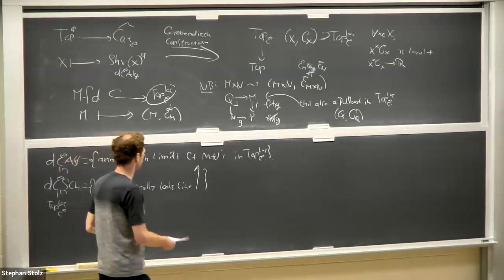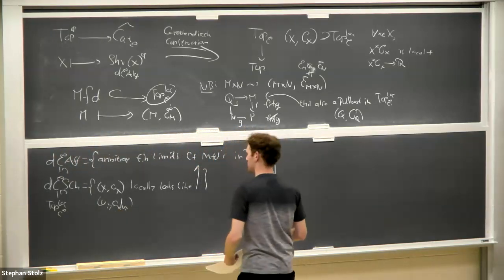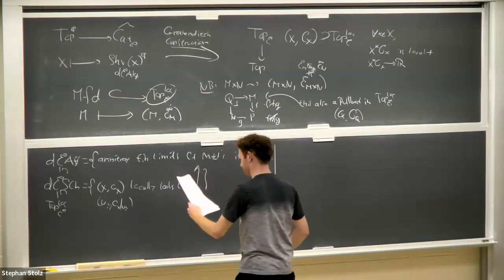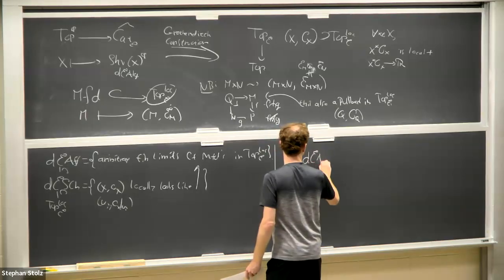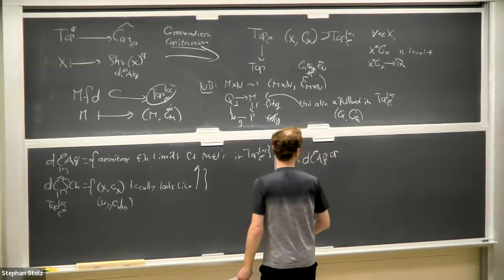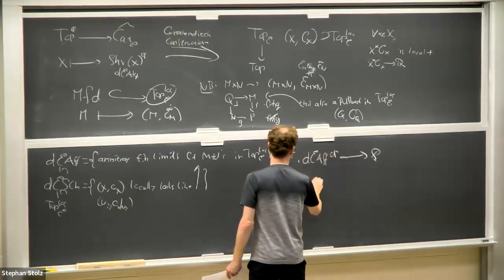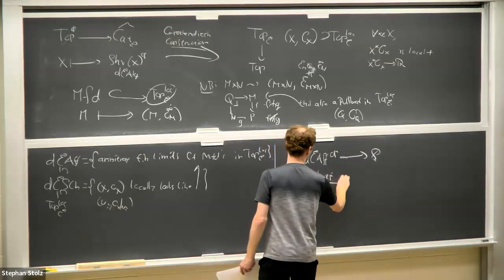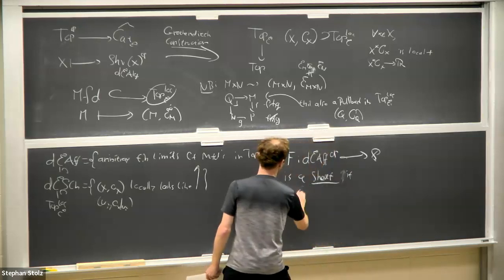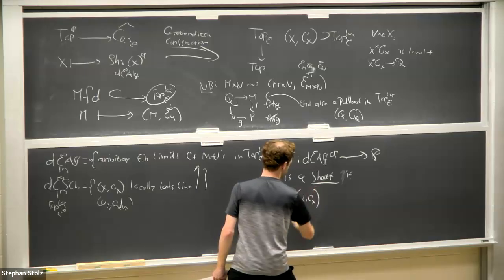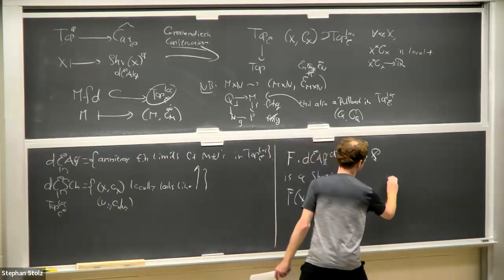Before we move on to more exciting things, there's a much more general way of gluing these things together. So let's say that a functor on this category of affines is a sheaf if the value on any such pair can be recovered.